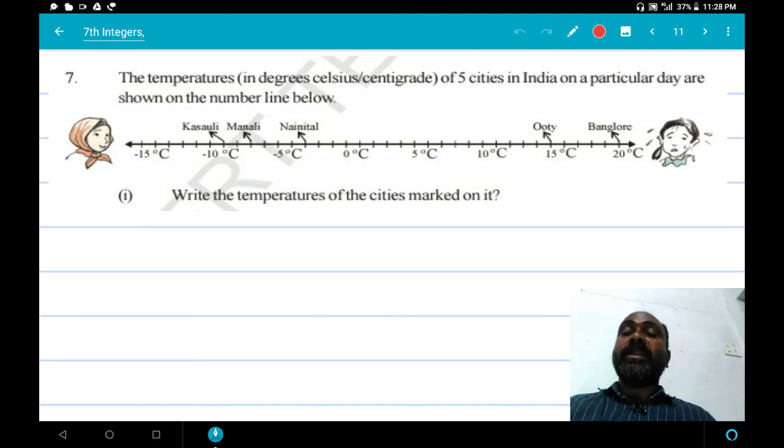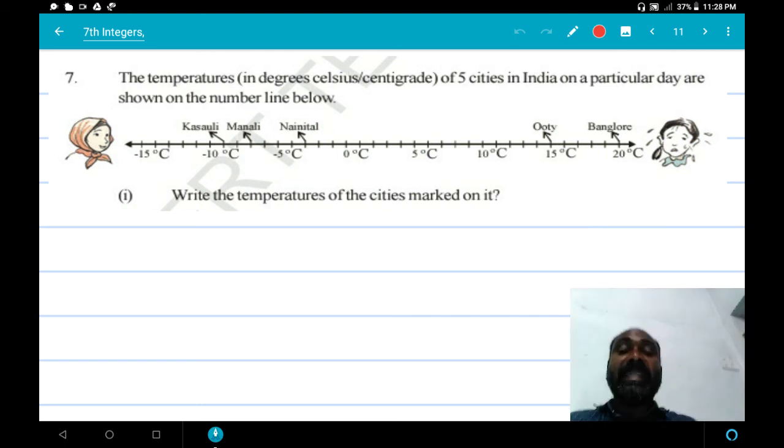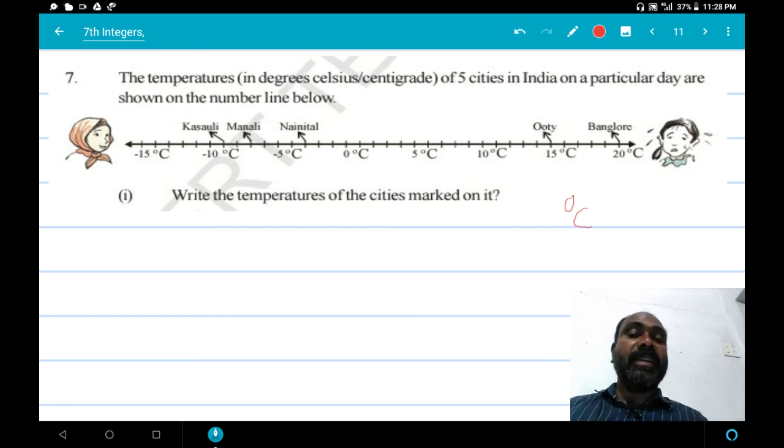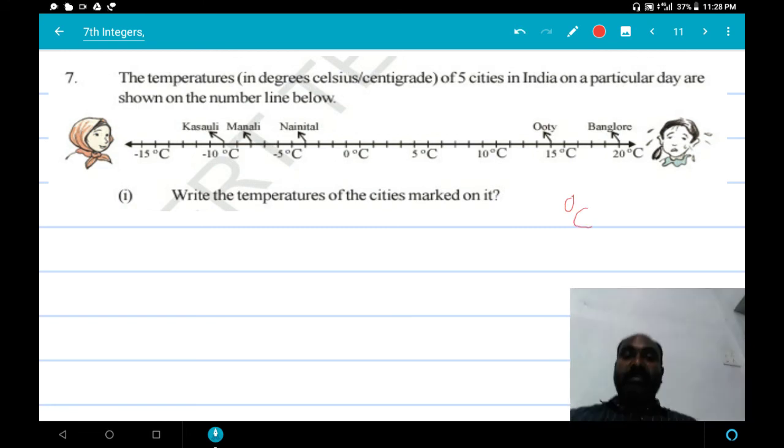The temperatures are in degrees Celsius, centigrade, not Fahrenheit. Fahrenheit also exists; temperatures are denoted by centigrade and Fahrenheit, but here only centigrade is given.